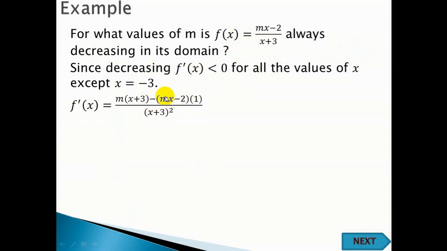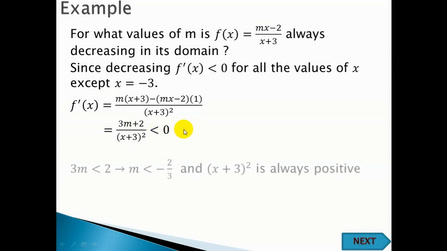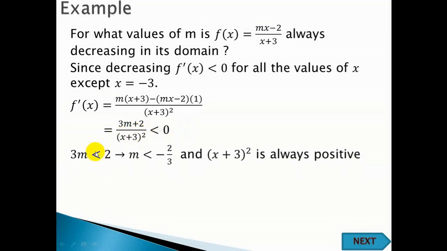So we differentiate using the quotient rule, and we get (3m plus 2) over (x plus 3) squared less than 0. Then 3m plus 2 less than 0, so m is less than minus 2 over 3, and (x plus 3) squared is always positive. Thus m is less than minus 2 over 3.